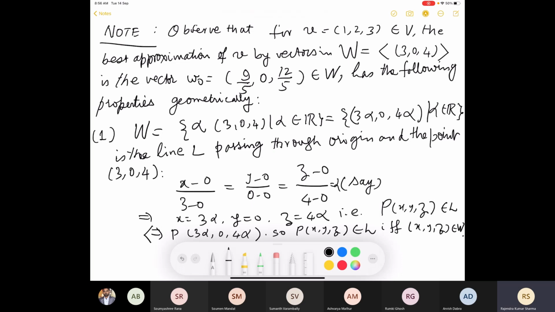So W is basically the line that passes through the origin and the point (3, 0, 4).